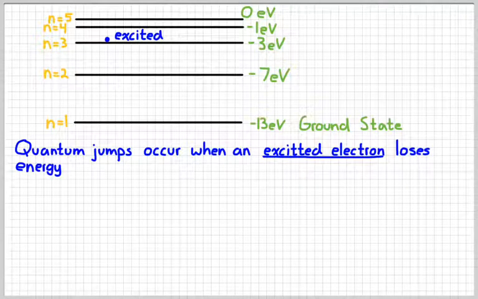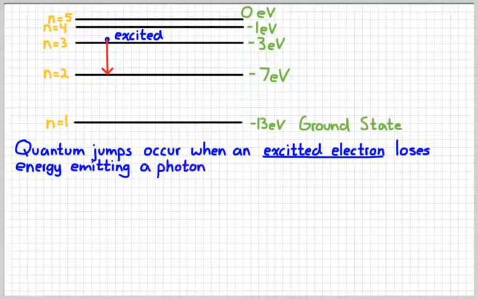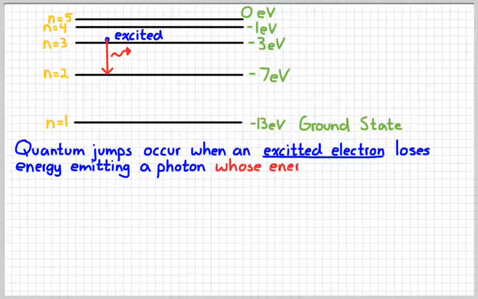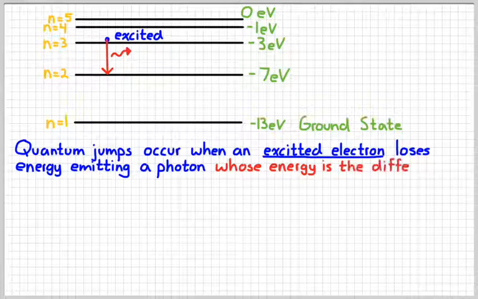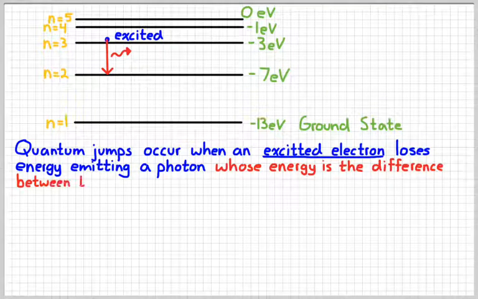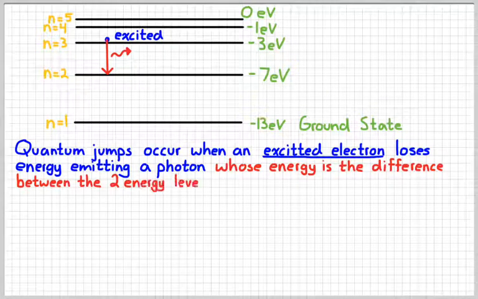And then it spontaneously loses energy by emitting a photon of light, which I might represent thusly. Now the energy of that photon is equal to the energy difference between the two energy levels, from where the electron started to where it ended.